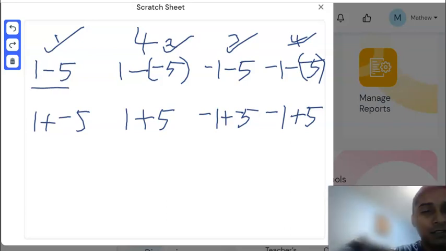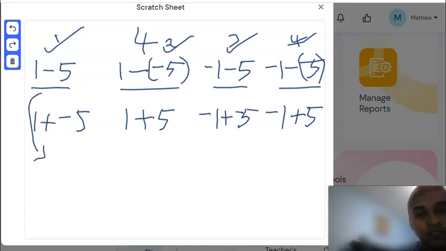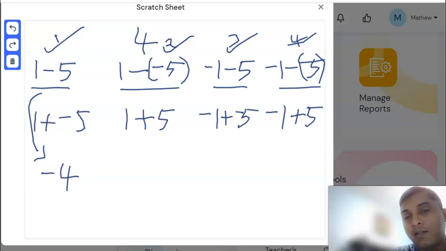So the answer for these 4 cases is entirely different. The first one, 1 minus 5 is 1 plus -5, so the answer is -4. 1 minus -5, you subtract a negative number from a positive number. When you rewrite you get 1 plus 5. Therefore your answer is going to be 6 for that.